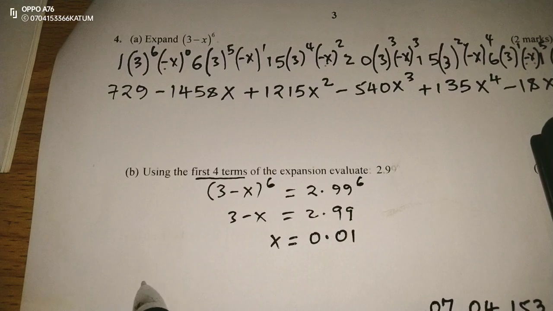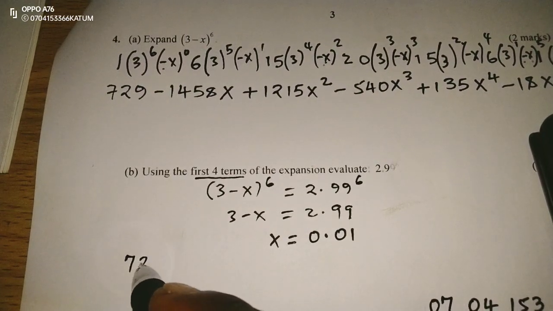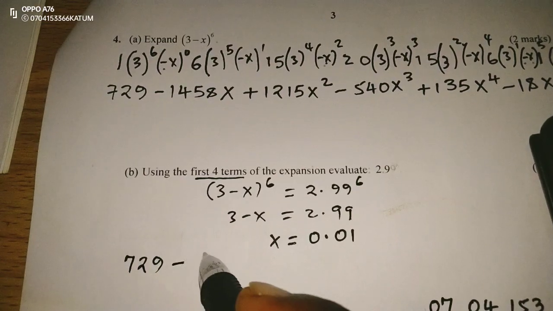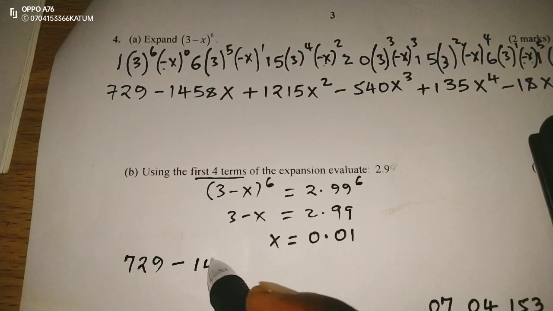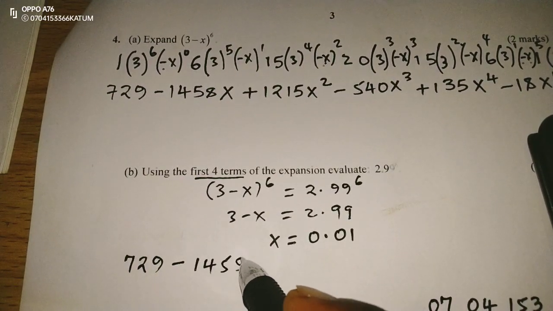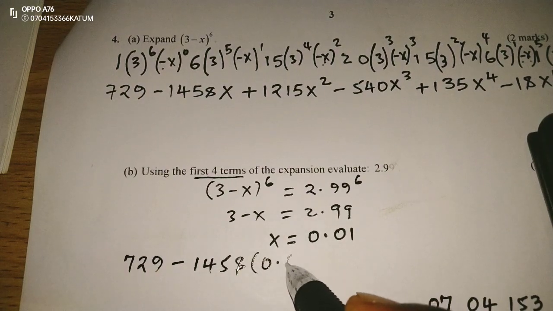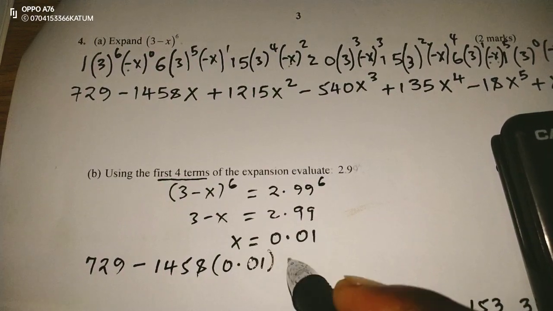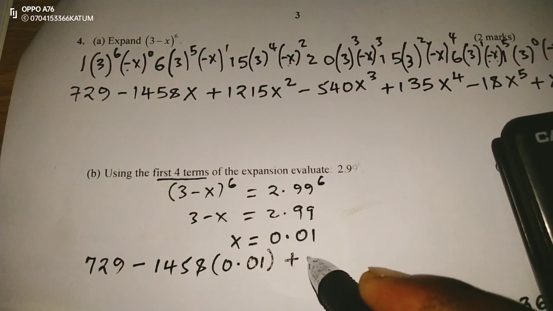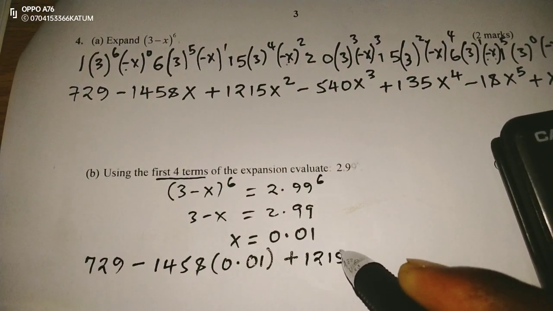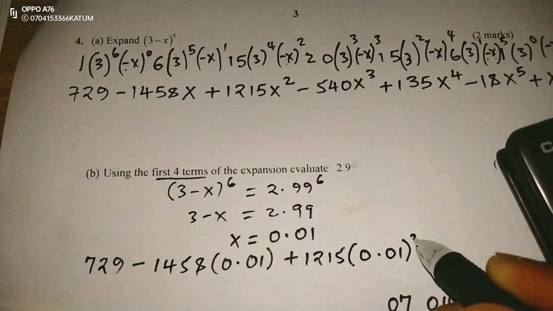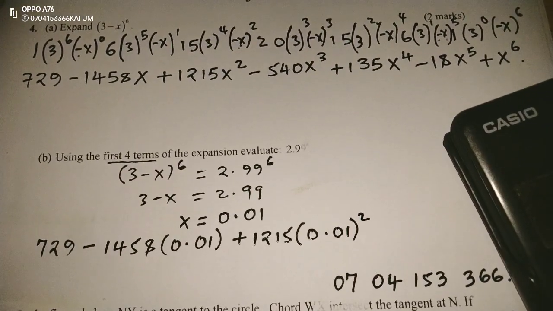So we'll begin with 729. There is no x. Minus 1458 times x, so 0.01. The next is plus 1215 times 0.01 squared.